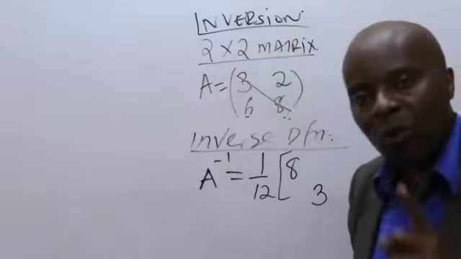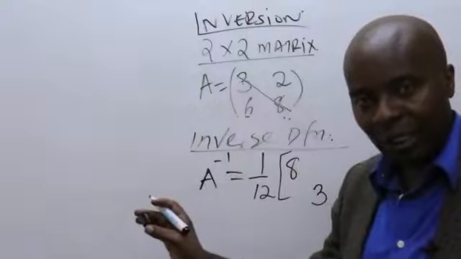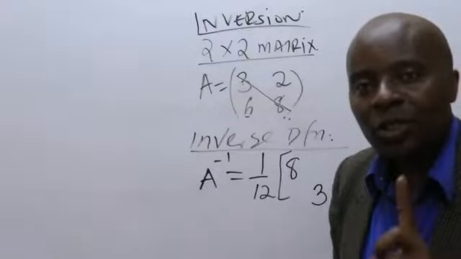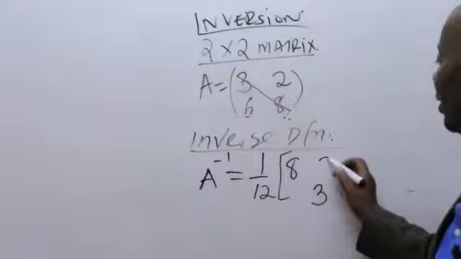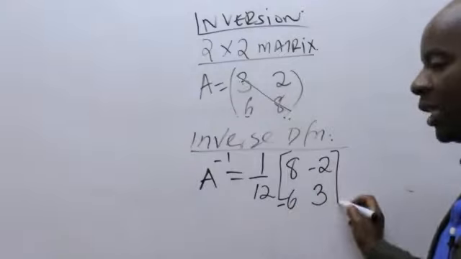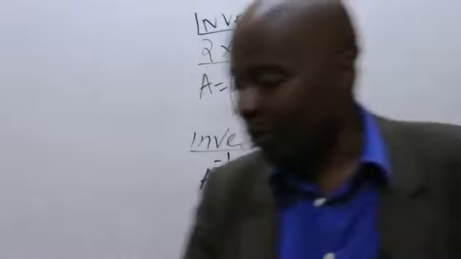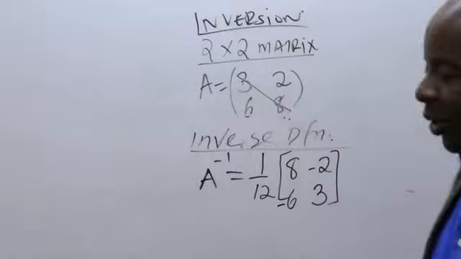For the secondary elements, we shall leave them in their respective positions, but change their signs. So these secondary elements, we leave them where they are, 2 and 6. But now we have to change their signs. They were positives, now they become negatives, like that.